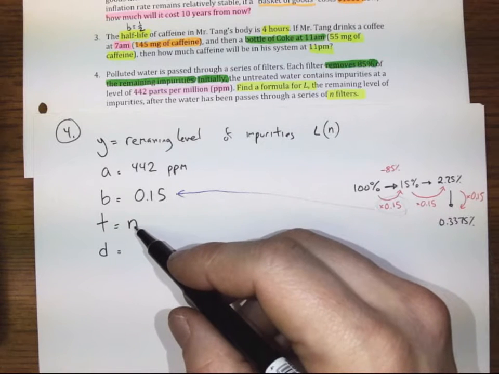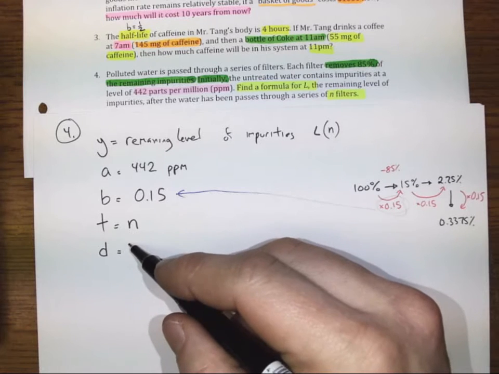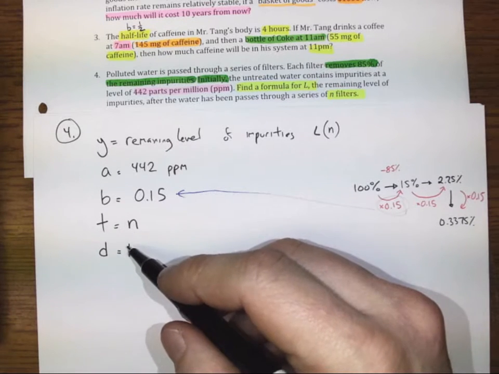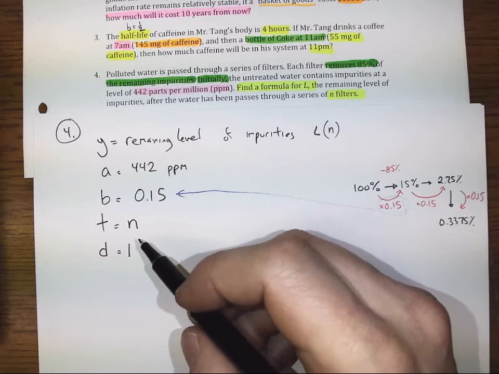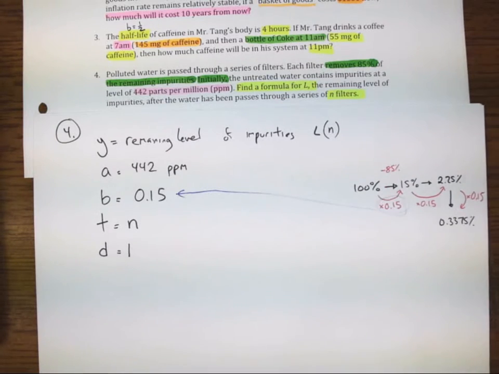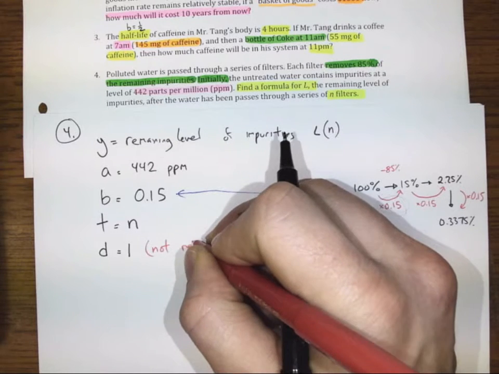That's like the example with the paper folding that we talked about earlier today. So d is not relevant. Our period is not a factor.